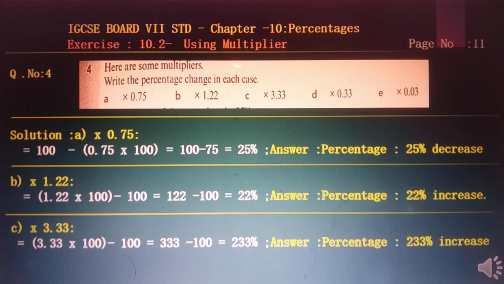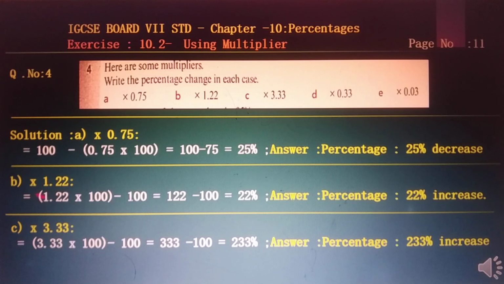The solutions: A, multiplier 0.75 means 0.75 into 100, which is 75. 100 minus 75, we get 25%. The final answer is 25% decrease.